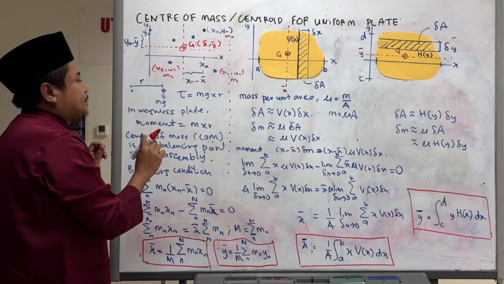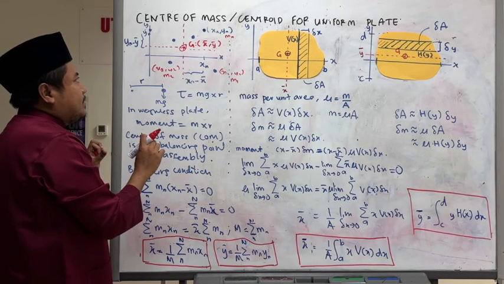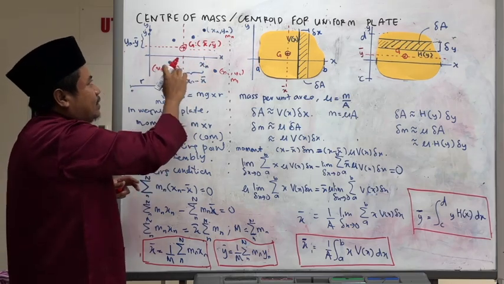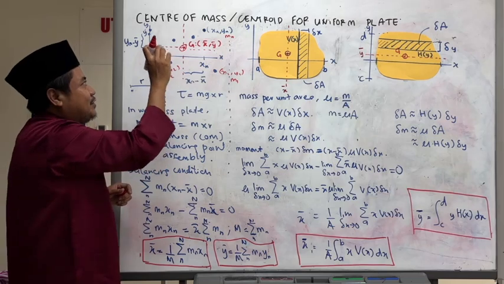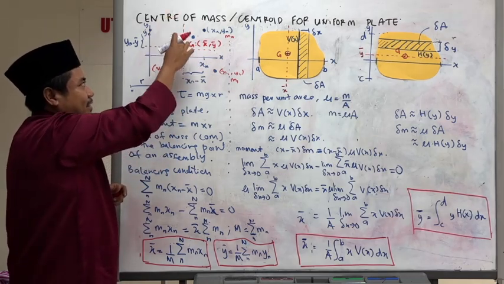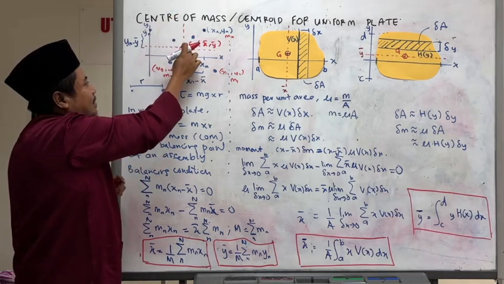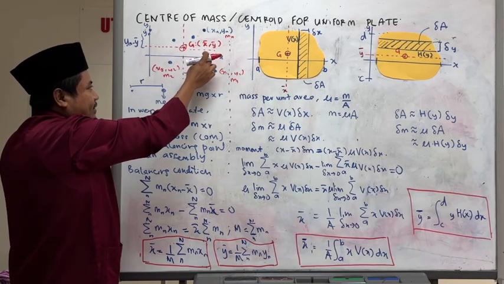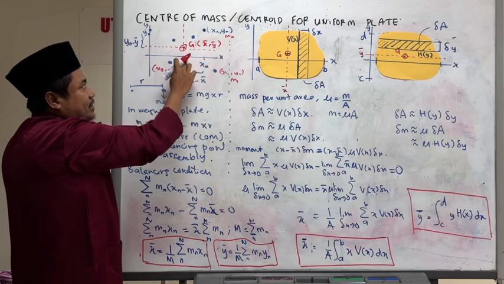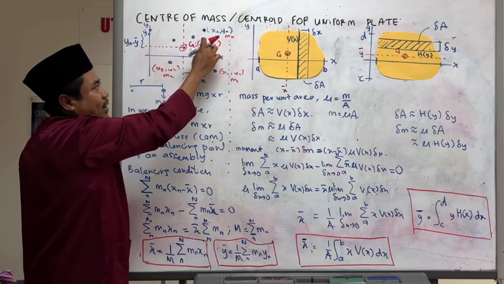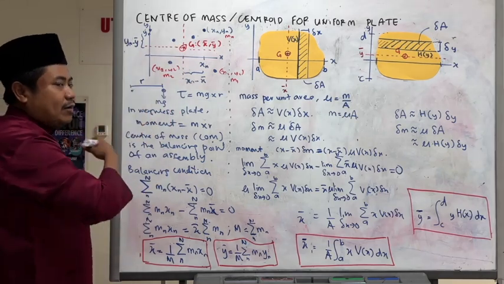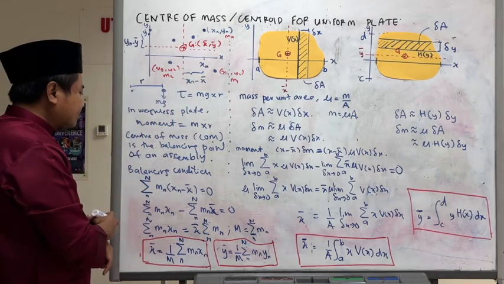For example, we have this distribution, and the center of this distribution is located here. So this G is what we call the center of mass of this system, which is denoted by X bar and Y bar. That means this is the center in the X and Y axes of the system.